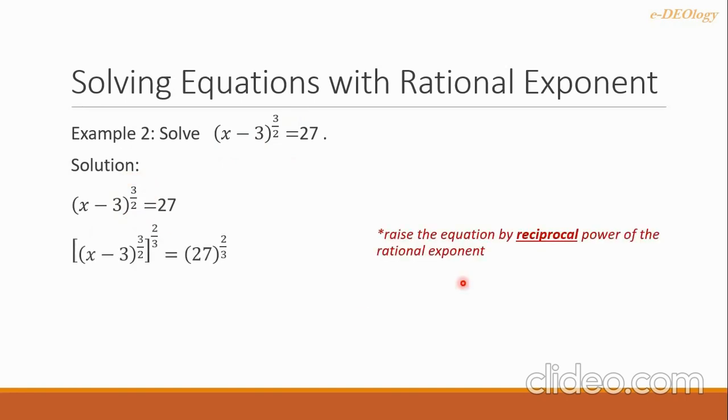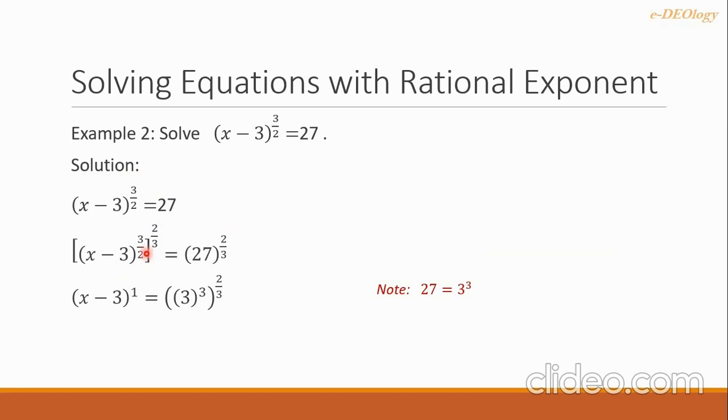We will do that by raising the equation to the reciprocal power of the rational exponent. So the 3 over 2, the reciprocal is 2 over 3. That is why you see the equation now is raised to 2 over 3 on the left side, also 2 over 3 on the right side.